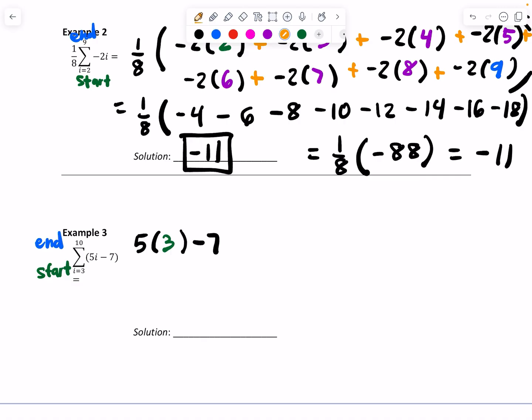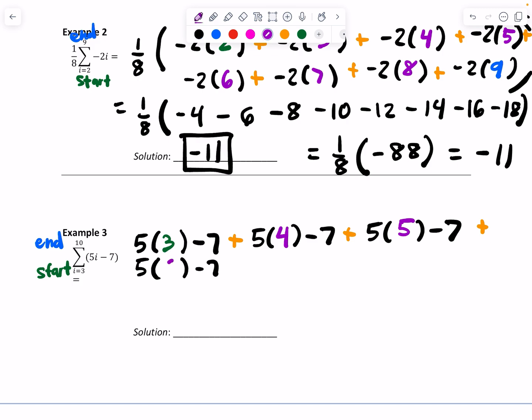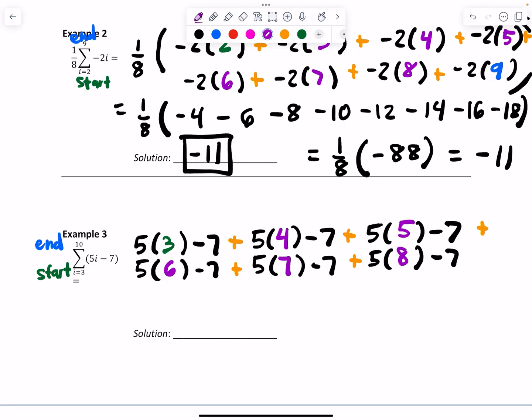Okay, so we've got that plus, write it again, 5 times i minus 7, but this time i equals 4, plus 5 times i minus 7, this time i equals 5, plus 5 times i minus 7, this time i equals 6, plus 5 times i minus 7, and this time i equals 7, plus 5 times i minus 7, this time i equals 8, plus 5 times i minus 7, this time i equals 9, plus 5 times i minus 7, and this time, last one, i equals 10, and I stop.